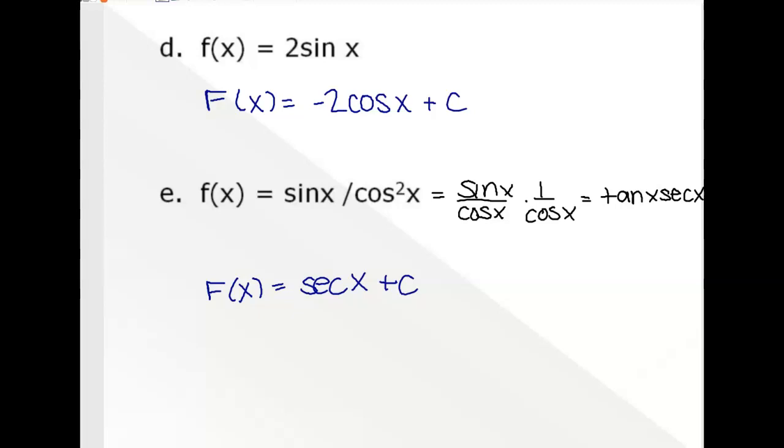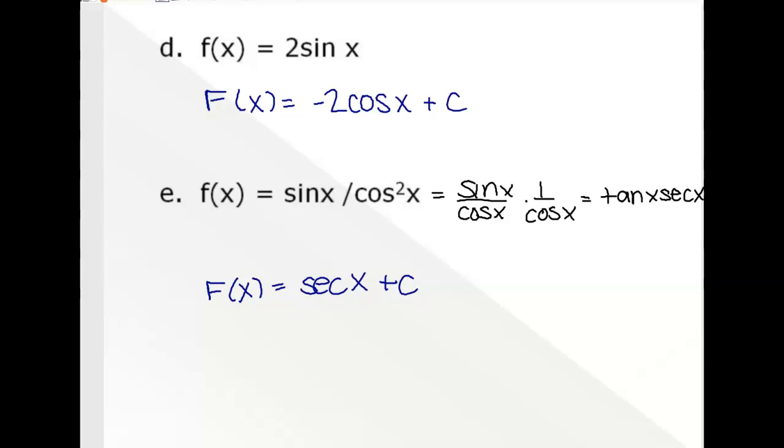In letter E, we want to think of that as the trig function sort of broken out. So you have sine x over cosine x times 1 over cosine x. So that could transform into tan x secant x.